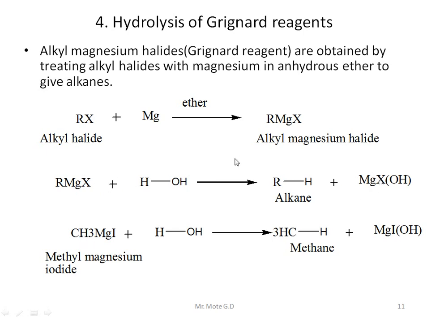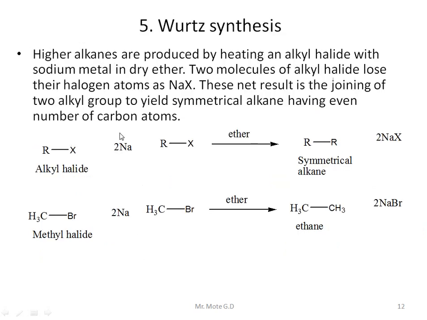So this is the hydrolysis of Grignard reagent to form alkane. We have one example, methyl magnesium iodide treated with water. Hydrogen goes there to form methane and MgIOH is the byproduct.